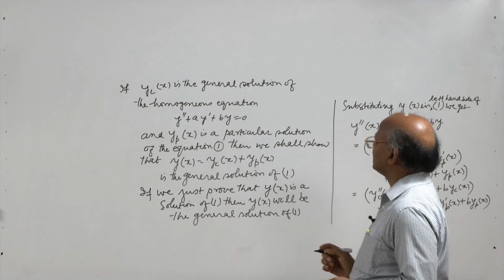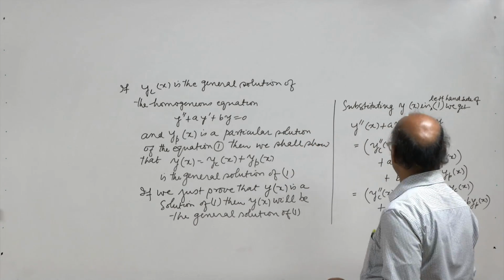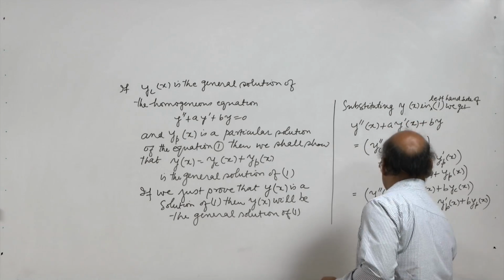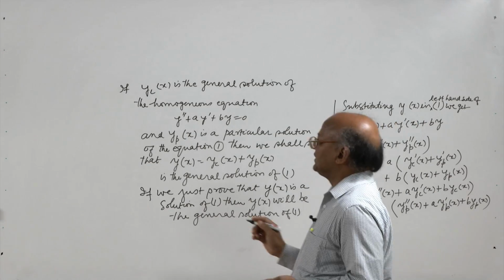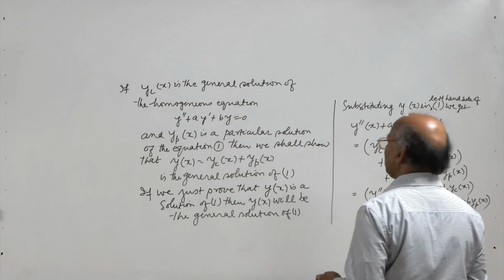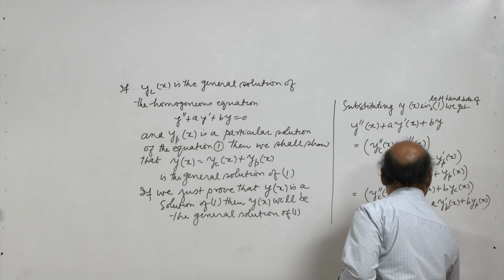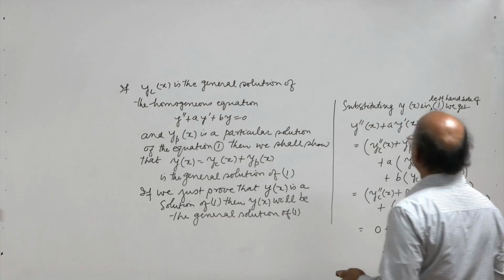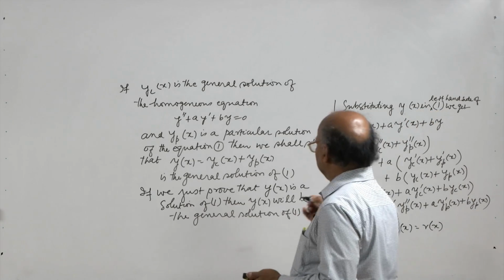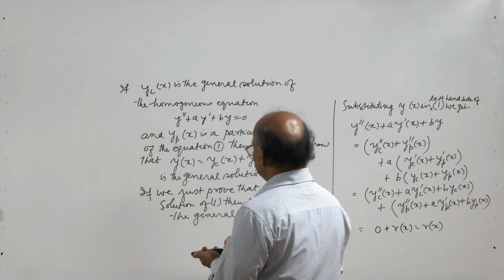Now since y_c(x) is a general solution of y'' + a y' + b y = 0, this first expression is 0. Then y_p(x) is a particular solution of equation 1, therefore y_p'' + a y_p' + b y_p = r(x), and thus we get y(x) is a solution of equation 1. Again I repeat, y(x) will therefore be the general solution of equation 1.